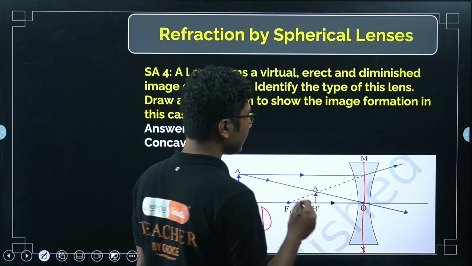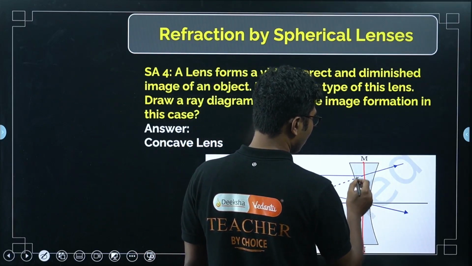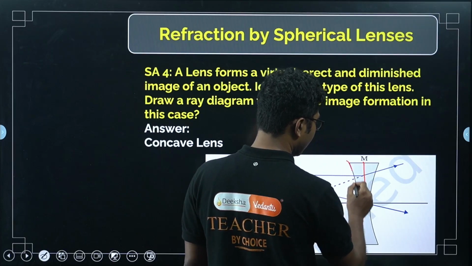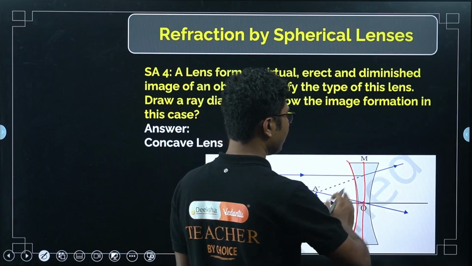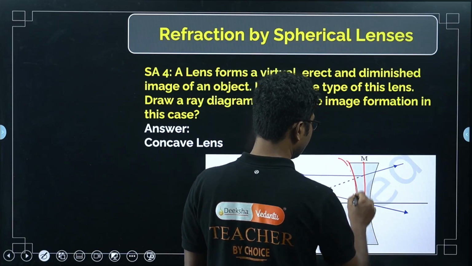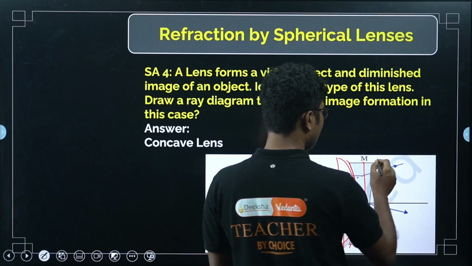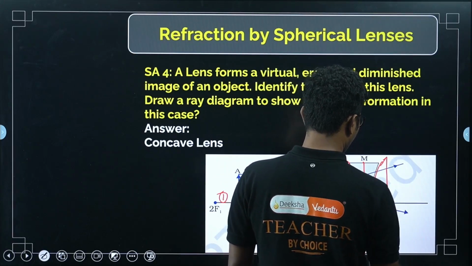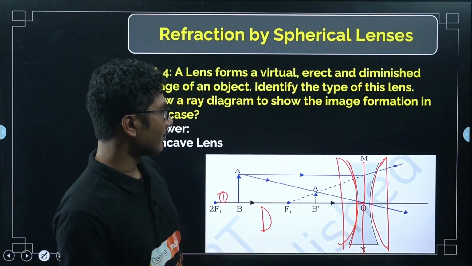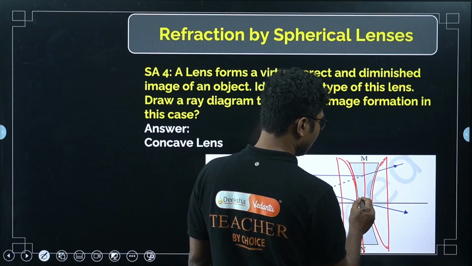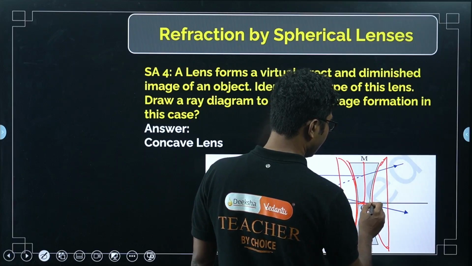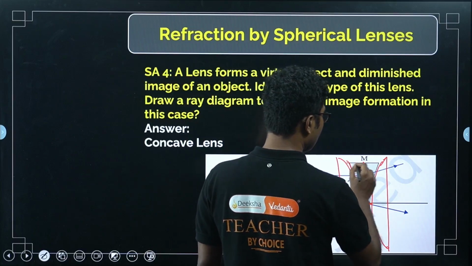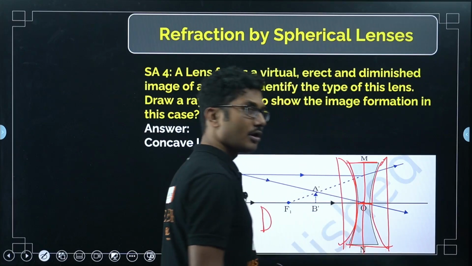Then touch your D at the center, or some distance from this point, and draw a line like this. Similarly, reverse your D. Initially your D will be this, then your D will be like this. For very accurate results, take the points equally separated so that you can draw it quickly. Once these lines are done, you can join them to get your concave lens.